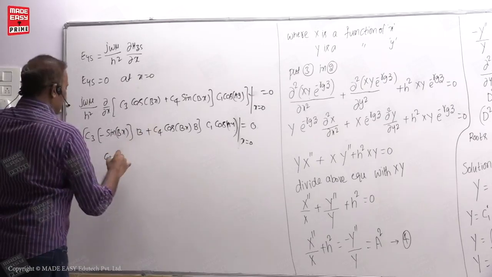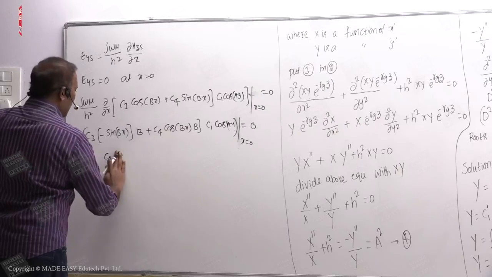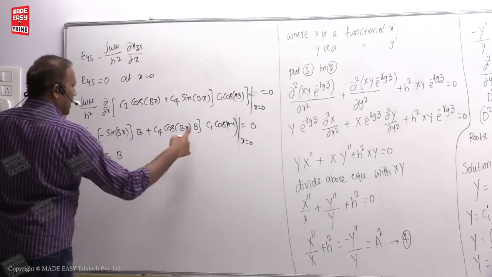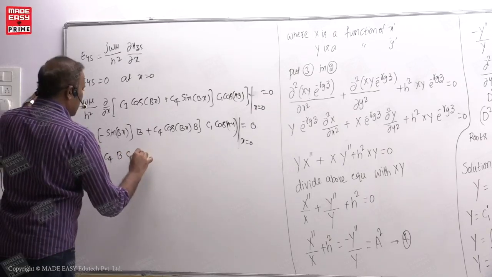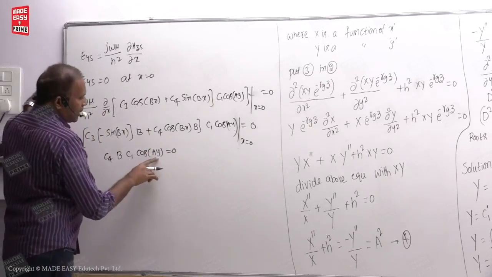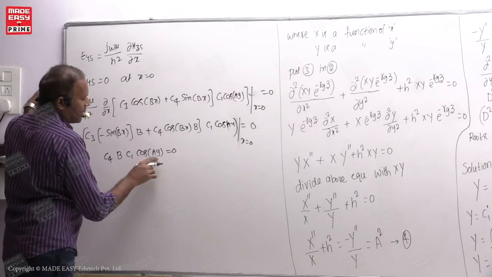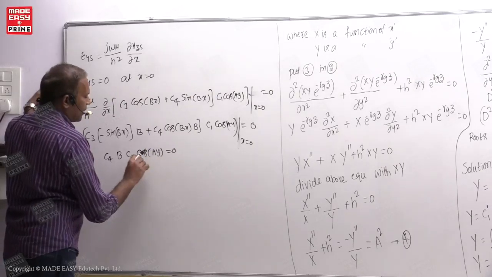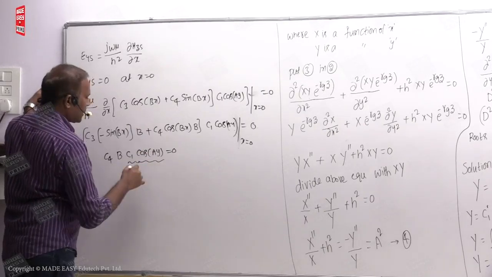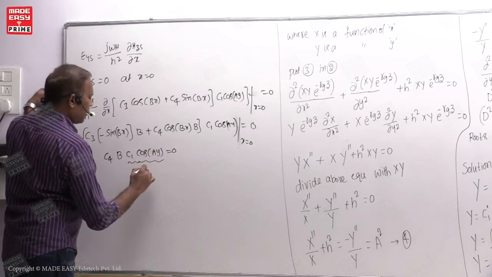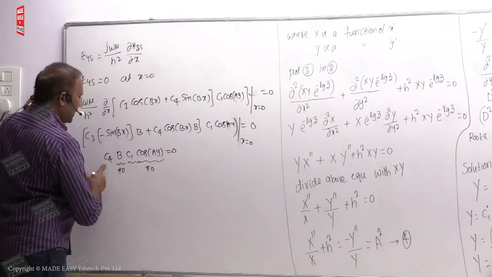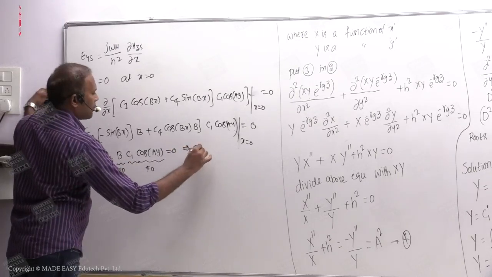Then C4 cos 0 is 1, then into b, then C1 cos ay is equal to 0 you want. Actually cos ay can never become 0 because y is a variable. So at different y values, different values are there, it cannot become 0. These two terms are already decided: C1 is not 0, C2 has become 0. So this is not 0. This is some constant, this is also not 0. That implies C4 should be 0.